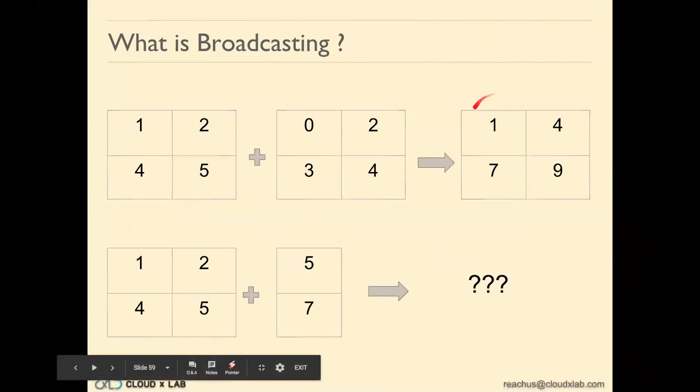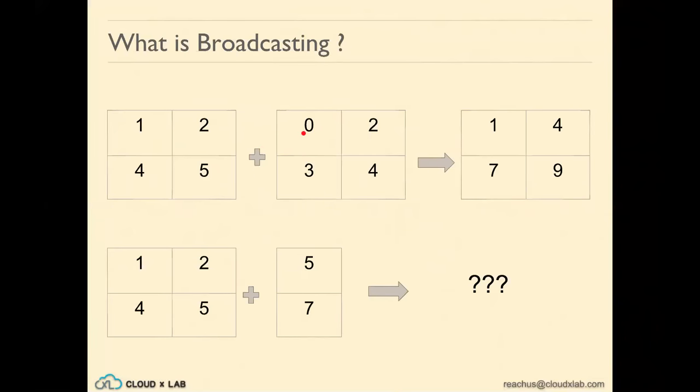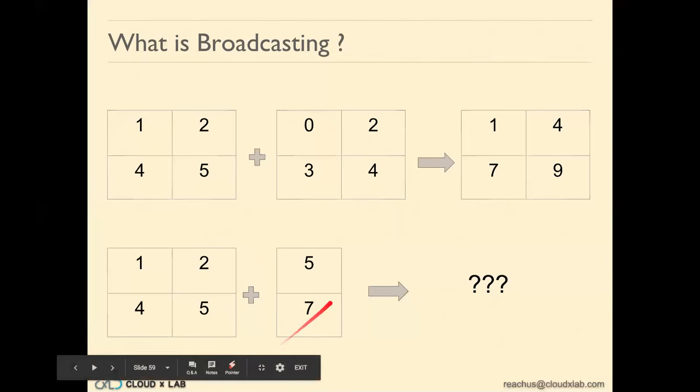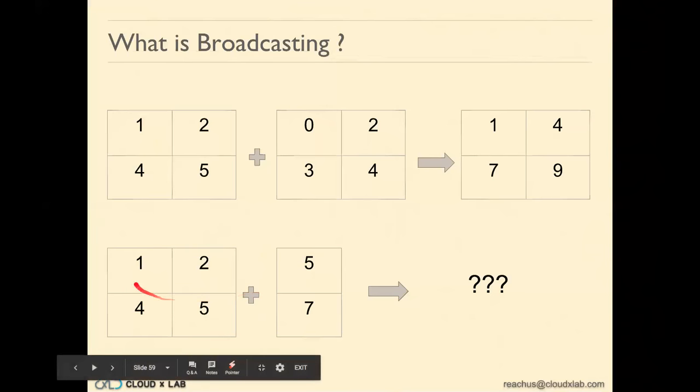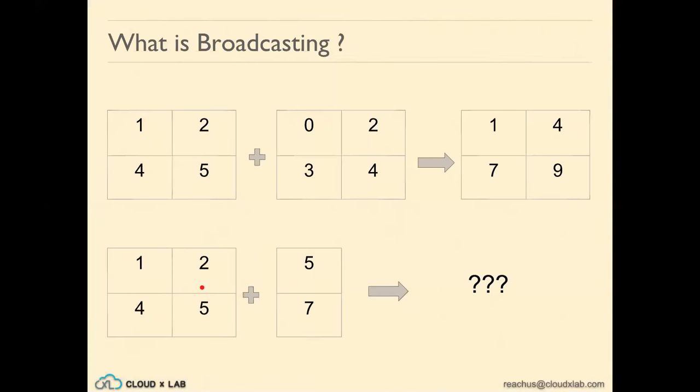The result is basically the summation of element by element addition between the two arrays. Now, question to all of you: what happens in this case? Does it give an error? Does it only add this to the first one? Does it add this to both of them? Or what happens?